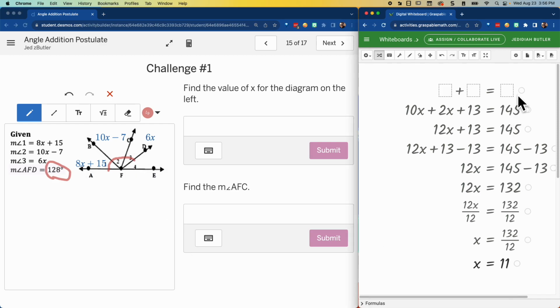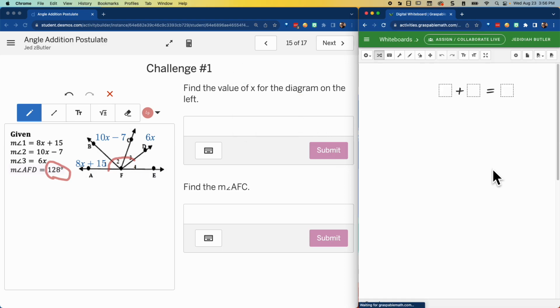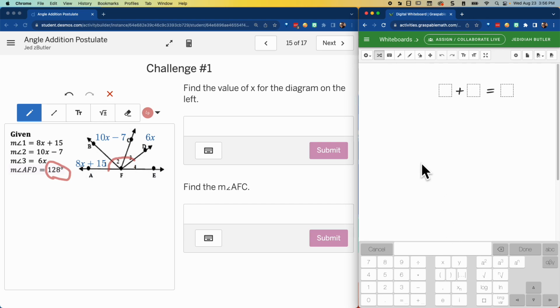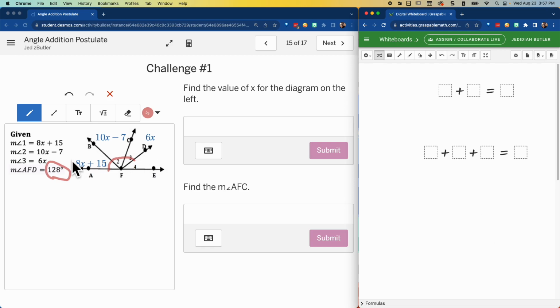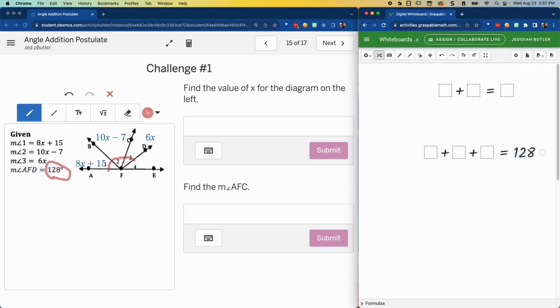Ooh, that's interesting. So I'm going to refresh this screen and show you how I could build something with 3 parts. I can click to create a new equation. I'll do box plus box plus box. I have 3 parts that are going to total to one thing. All right, so the total, I'll fill that in first. That's the 128.